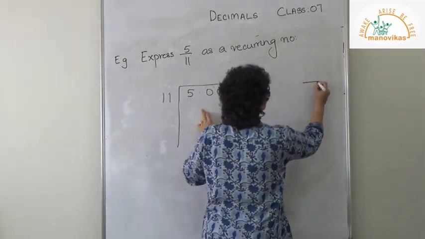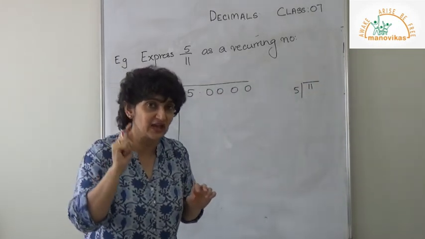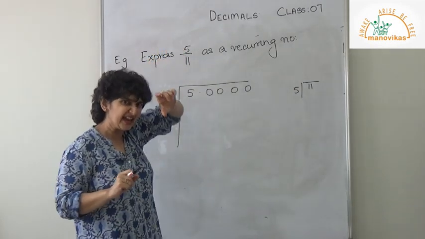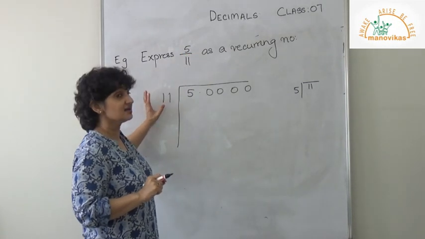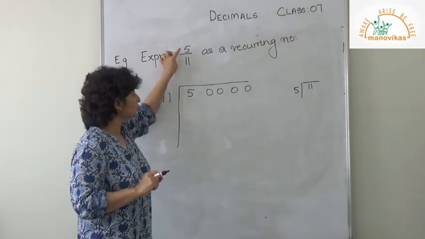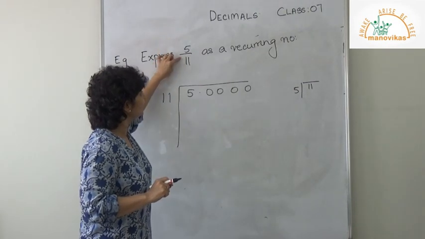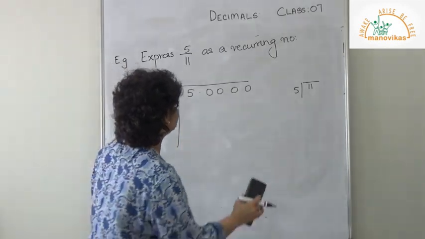Please be careful. 5 divided by 11. Always remember the numerator goes inside and the denominator is your divisor. So now 5 divided by 11. This is how you're going to do it.